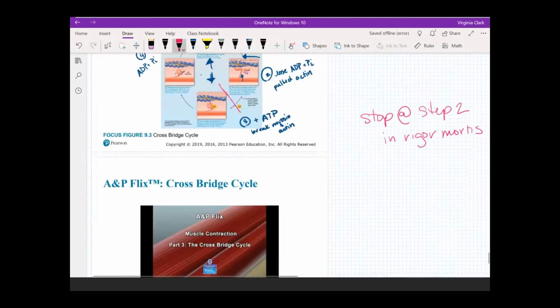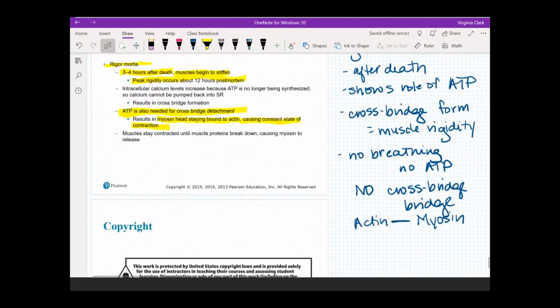You just stop. You will eventually see this rigidity disappear. So it does hit peak at about 12 hours, but then after that, it will start decreasing the contractions. Your muscles will stop being contracted. And the reason it'll do that is not ATP and it's not breathing and it's nothing else, simply because your proteins will start to break down. Actin and myosin are both proteins.